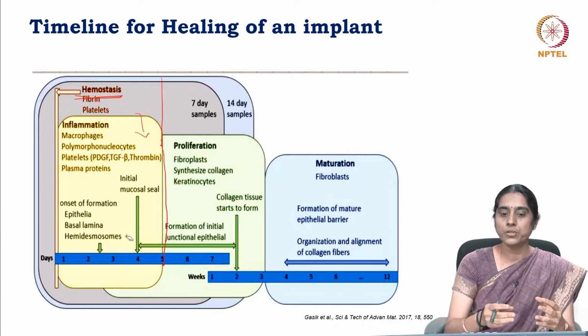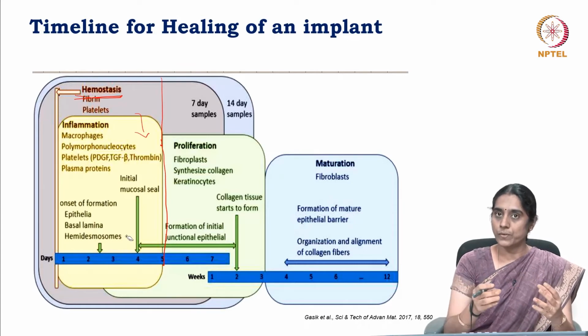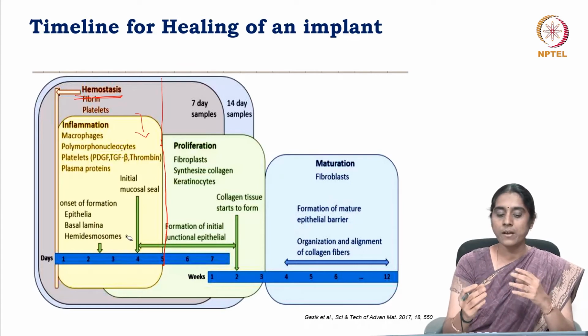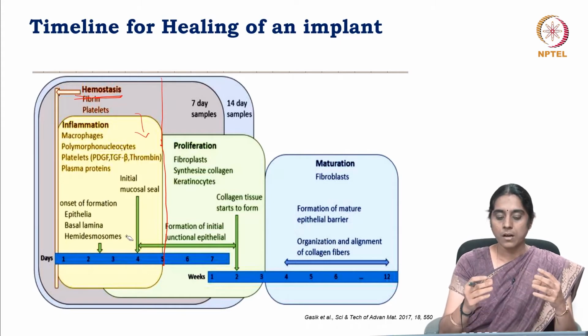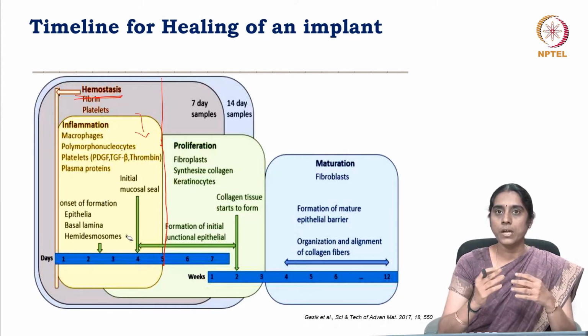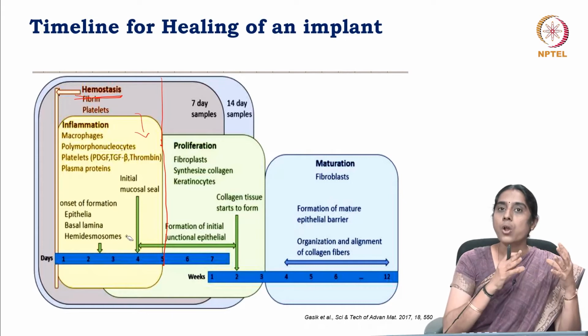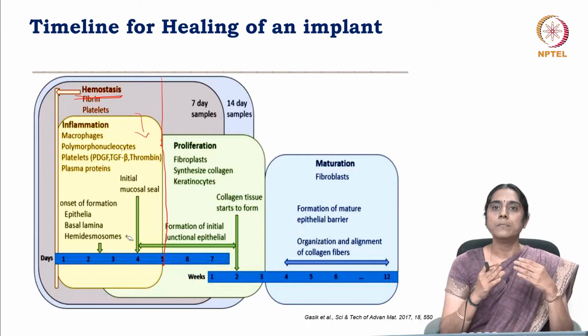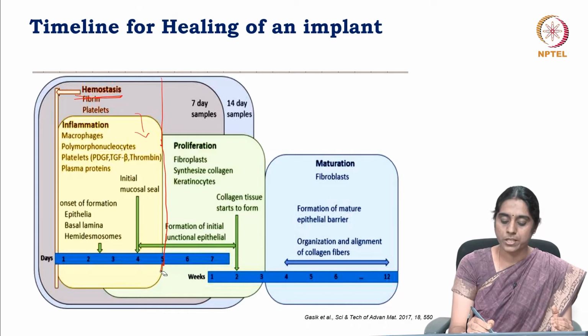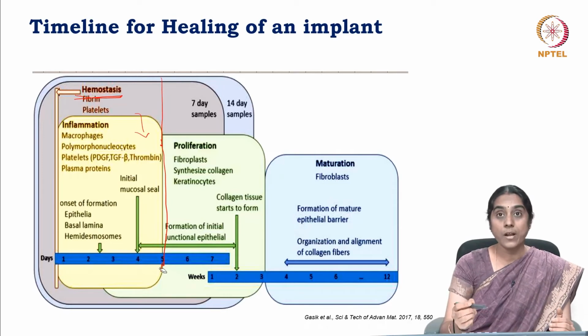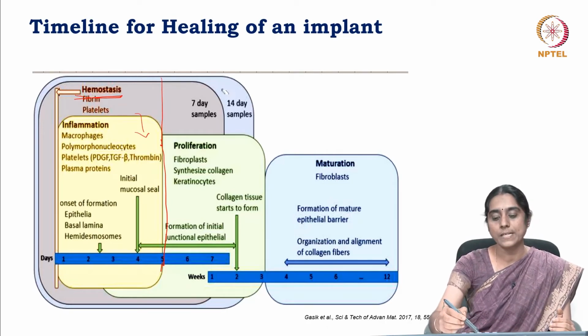The protein adsorption, later on neutrophil recruitment, macrophage recruitment, and all these inflammatory cells clogging towards the biomaterial happens within the first 5 days. This is not exact, but in most cases this is how it happens.